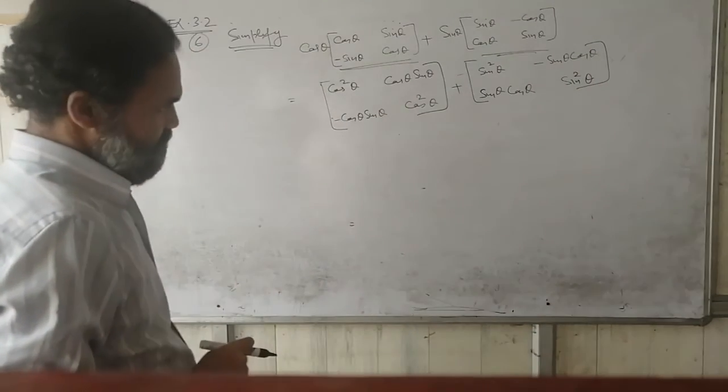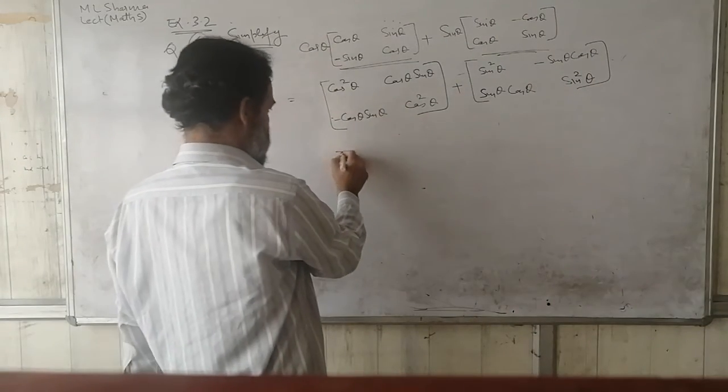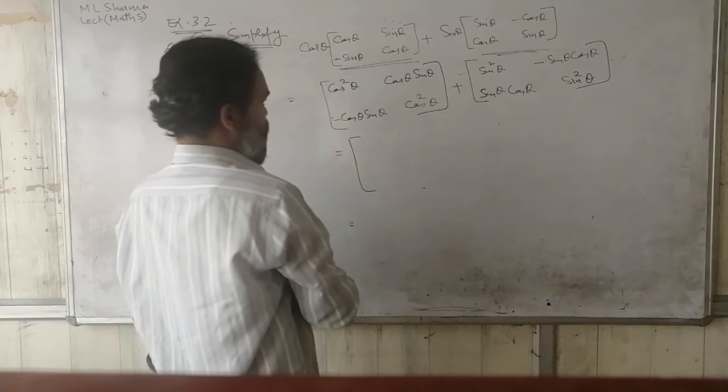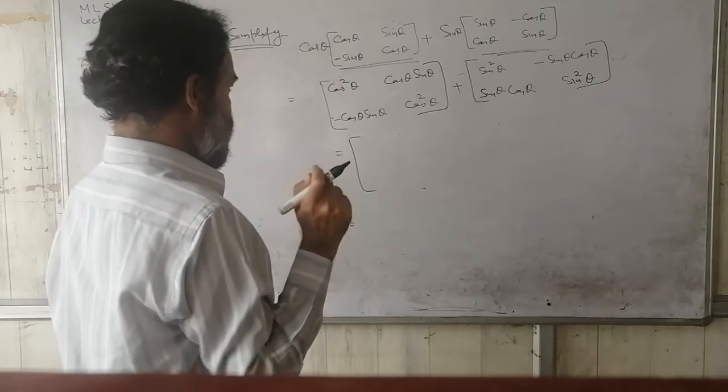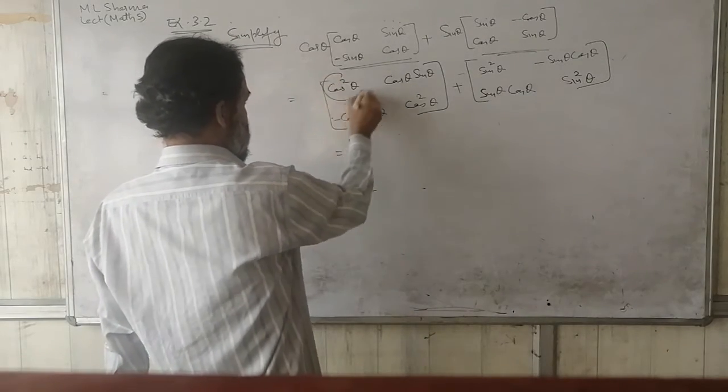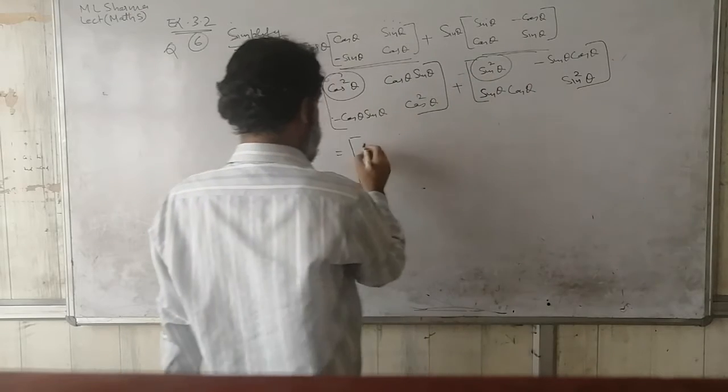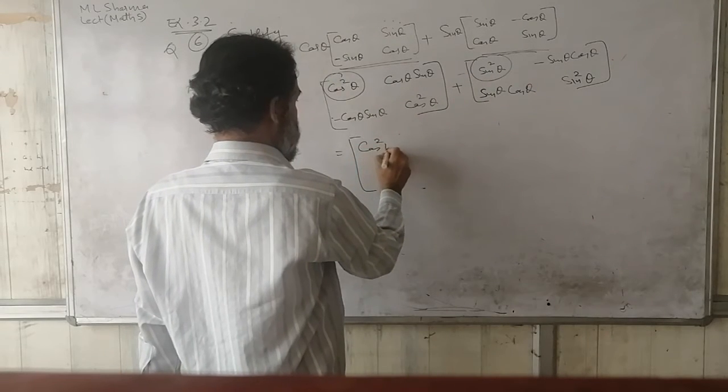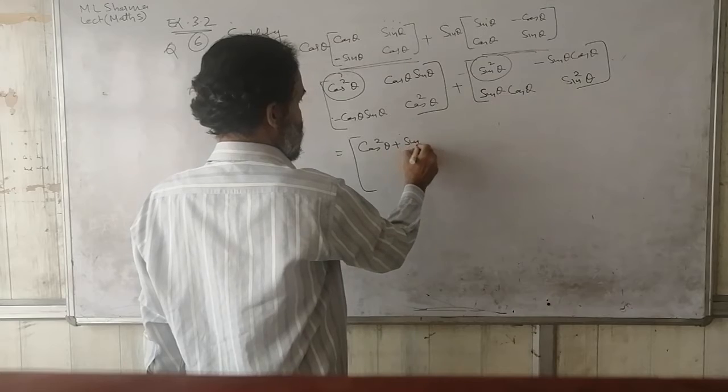Now these two matrices can be added by adding the corresponding elements. So corresponding elements are cos square theta plus sin square theta.